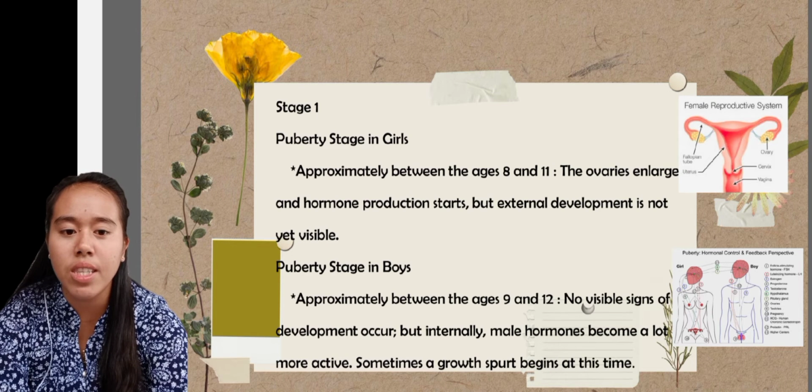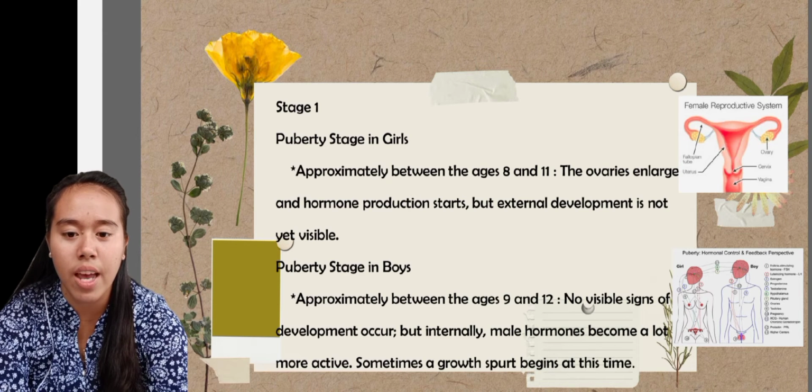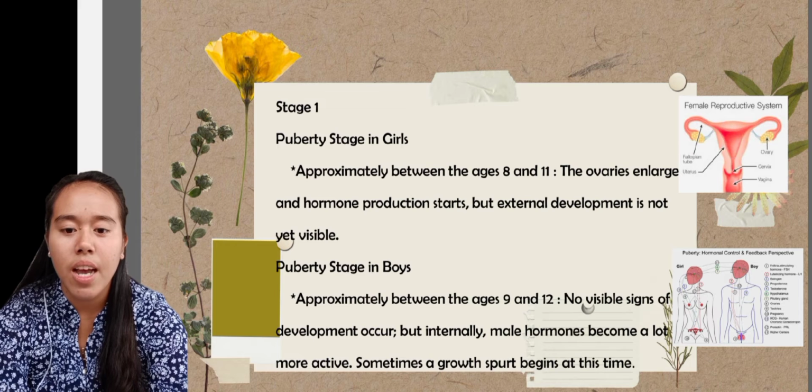For boys, approximately between the ages 9 and 12, no visible signs of development occur, but internally, male hormones become a lot more active. Sometimes a growth spurt begins at this time. Spurt means a sudden gush.